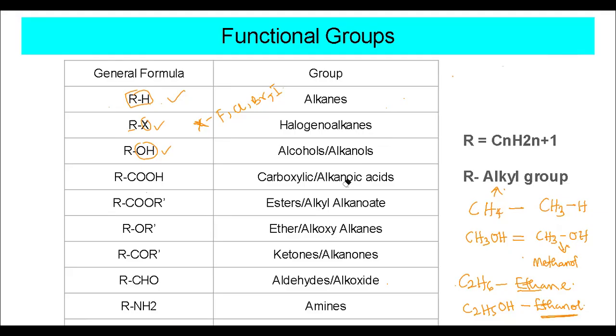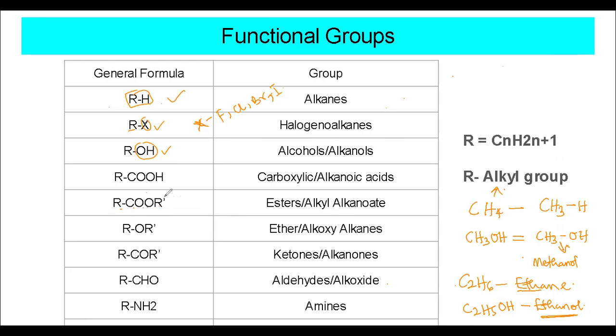The next one I have there is esters. The systematic name for esters is alkyl alkanoate. Now let's try to make sense out of this. The formula is RCOOR'.